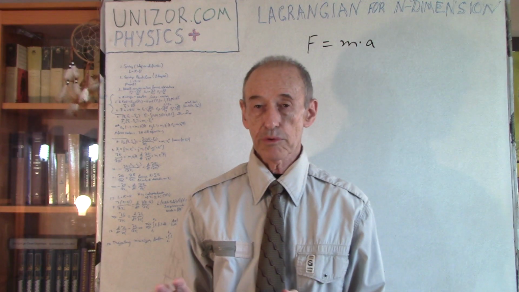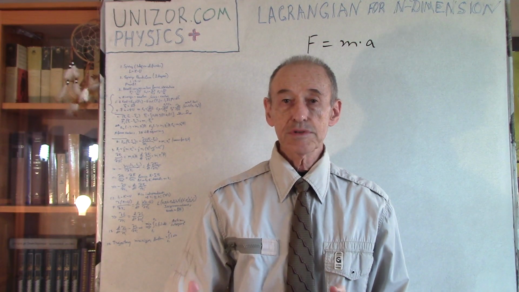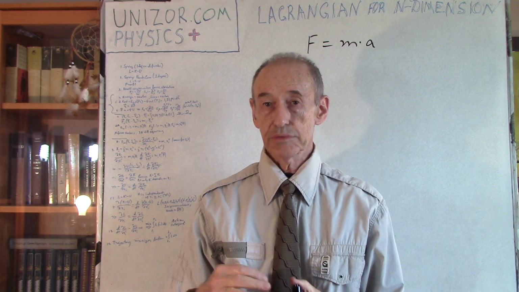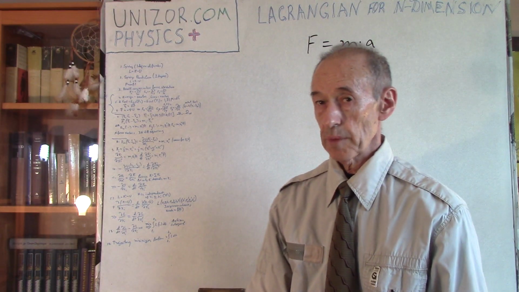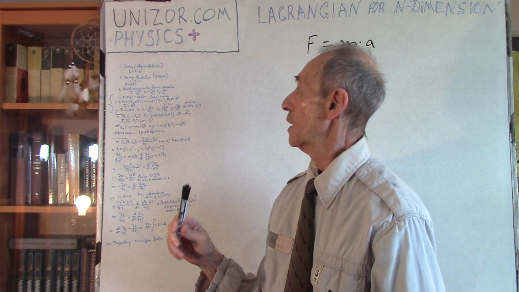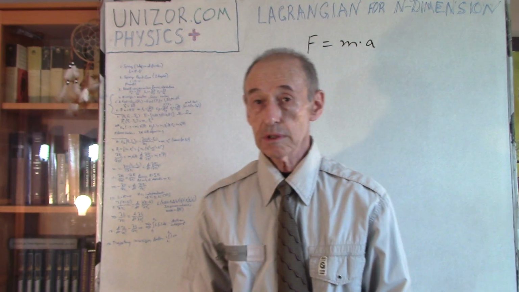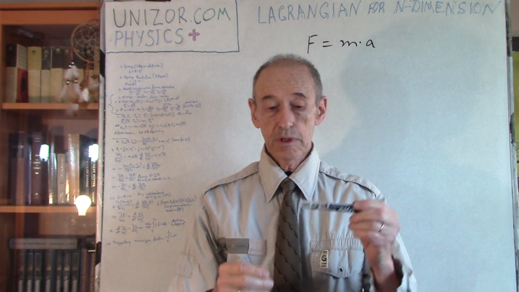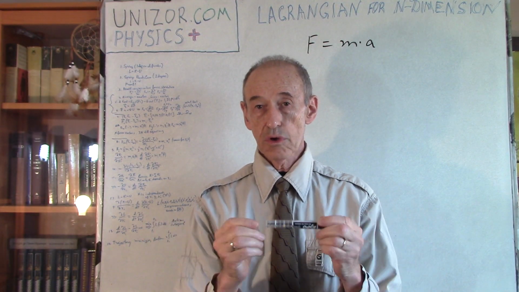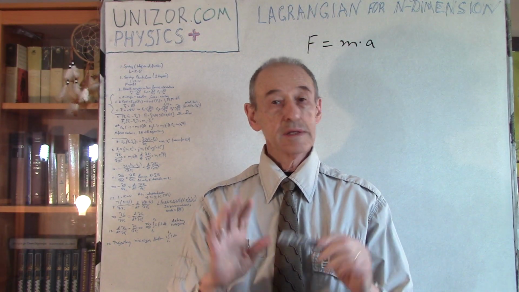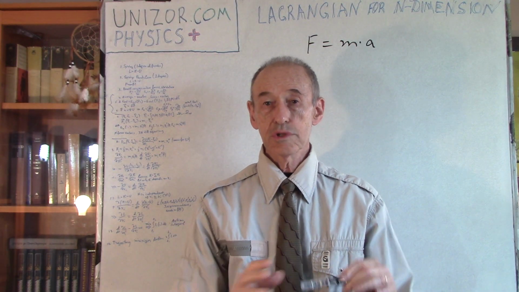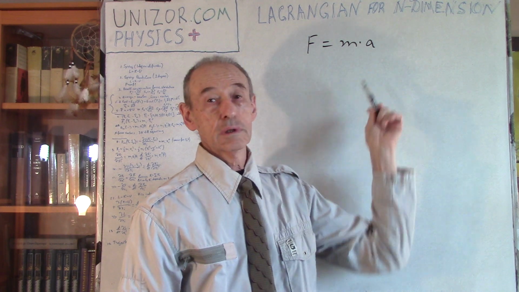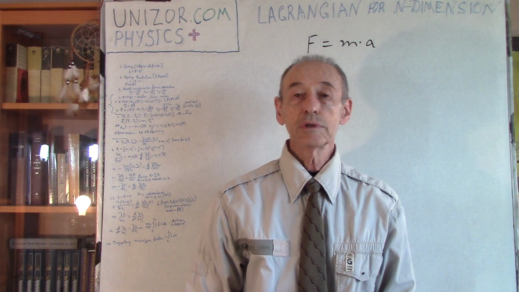First of all, let me remind you that I first introduced the concept of Lagrangian a couple of lectures ago when we were talking about springs. If you have a spring and there is an object which is going back and forth on a spring, it's very easy to approach this from the Newtonian, second law of Newton.